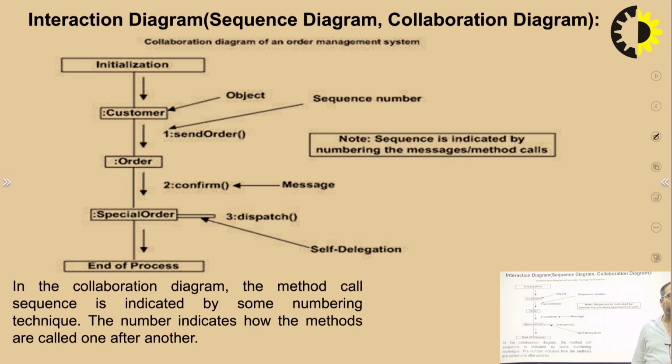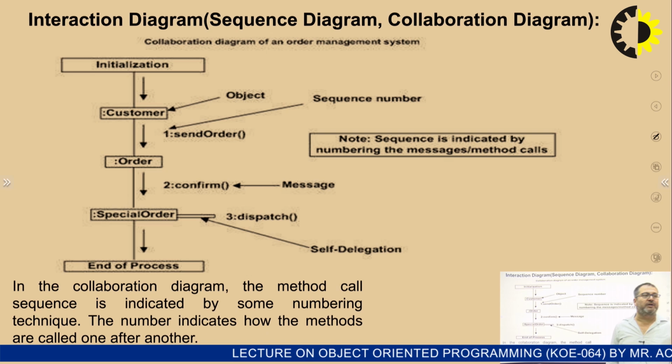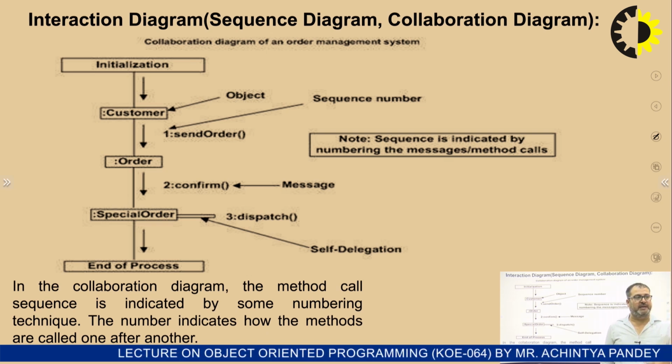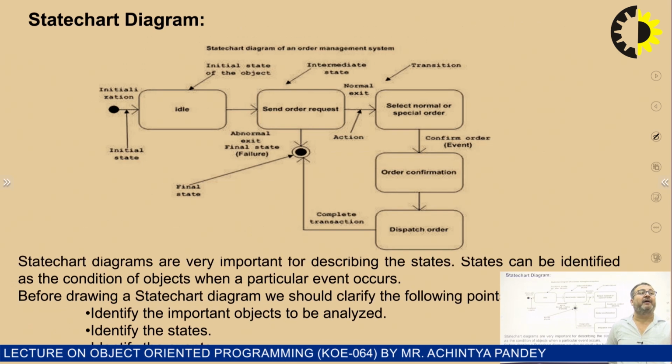Then the customer sends an order, this comes under the first thing. If the order gets confirmed, this could be the second phase, and finally when it is confirmed, the dispatch will be there. So we put 1, 2, 3 and 4. In a collaboration diagram, the method call sequence is indicated by numbering, like 1, 2, 3 or A, B, C, D. The numbers indicate how the methods are called one after another.